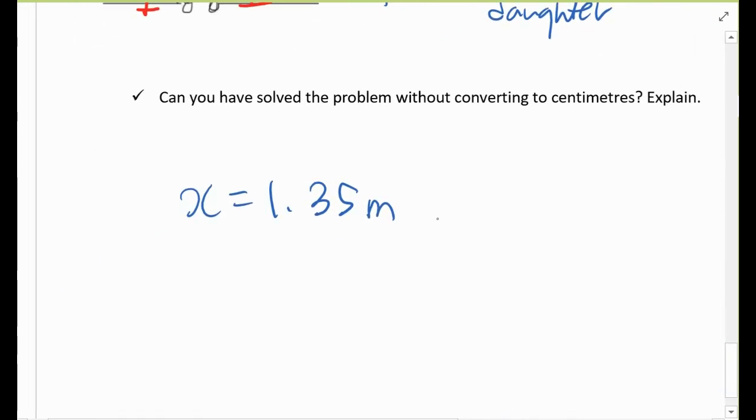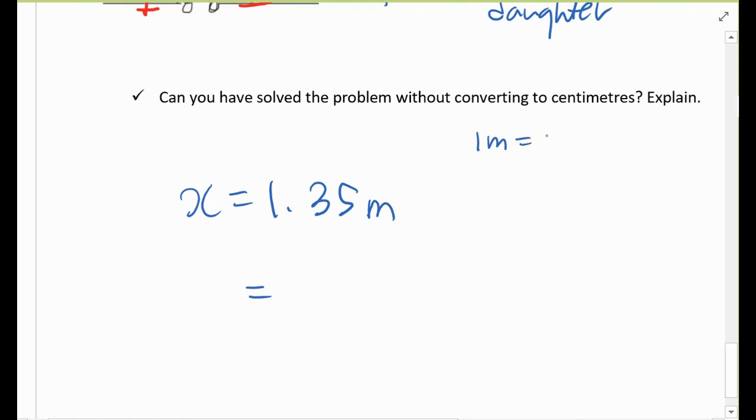If you want to convert meters to centimeters, you can just convert at the last step. The height of the daughter is 1.35 meters. If you convert it to centimeters, what do you get?